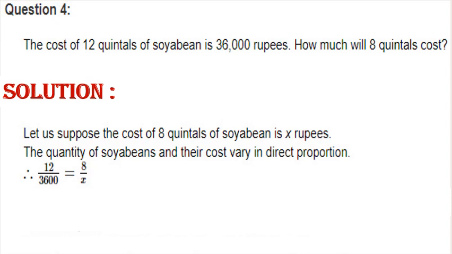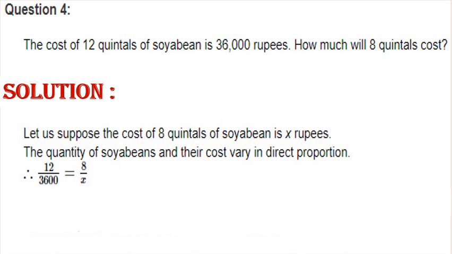Now, what has been given? They have given 12 quintals cost 36,000. So the number of quintals we have taken in the numerator and the cost of the same we have taken in the denominator. Because they are directly proportionate, the division of them should be constant. That's why we have equated both divisions. Similarly, quintals of the second quantity, that is 8, will go in the numerator, and the cost, which is x, will come down.